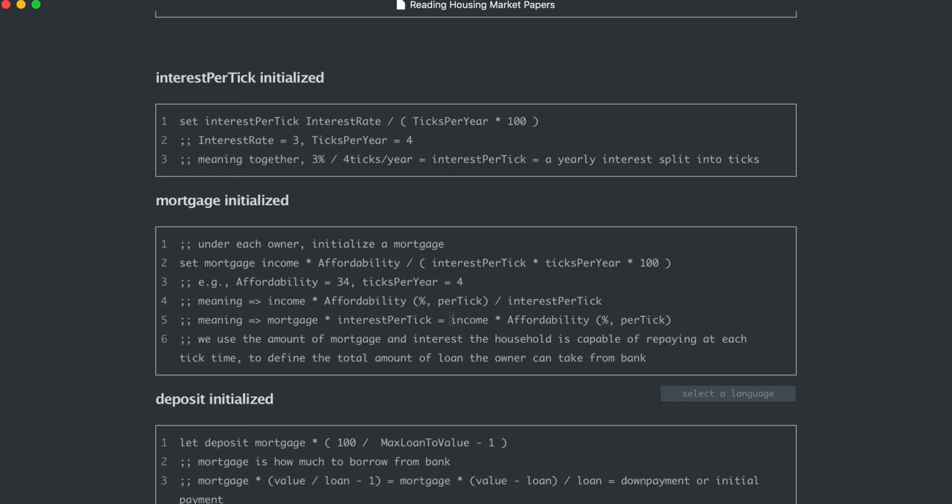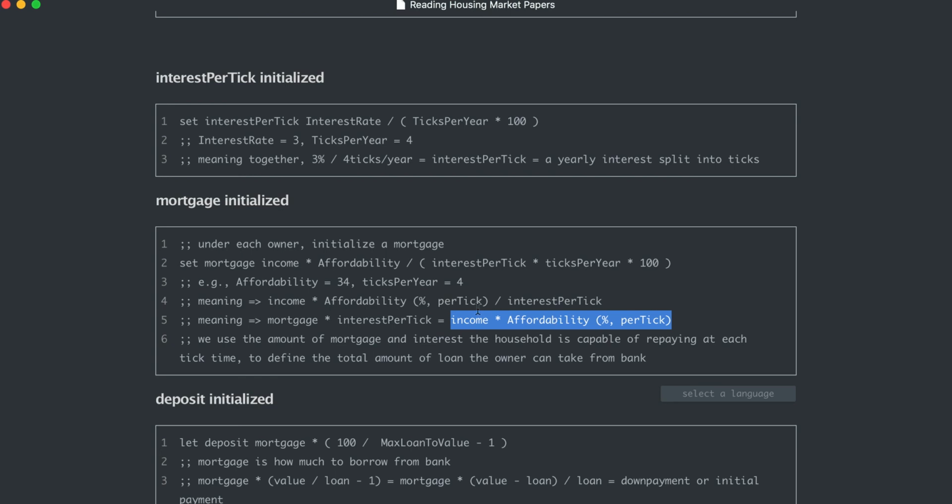However, can the owner pay it? Is the owner capable of paying it? That depends on his income and his affordability. So ideally, the amount of money the owner has to pay to the bank every tick should be equal to his income multiplied by the affordability. This is the natural, understandable relationship between mortgage, interest rates, income, and affordability.